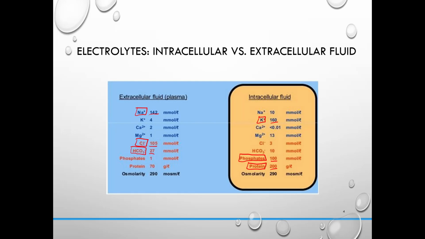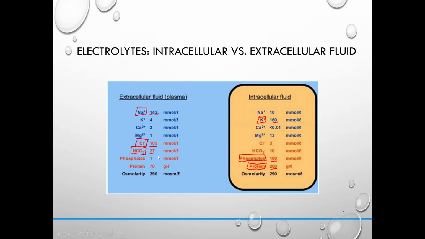So in extracellular fluid, I have kind of highlighted the ones that are important to know that have higher concentrations. So outside of the cell, we see higher concentrations of sodium, chloride, and bicarbonate. While inside of the cell, we see higher concentrations of potassium, phosphates, and protein.